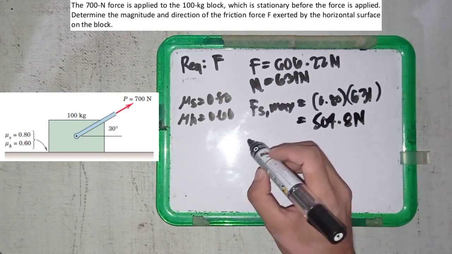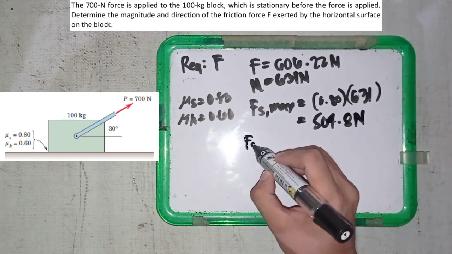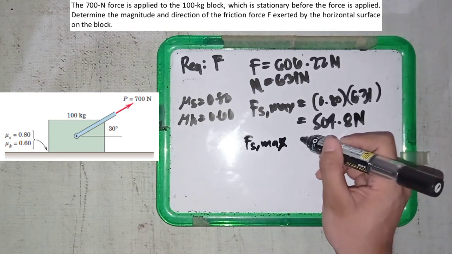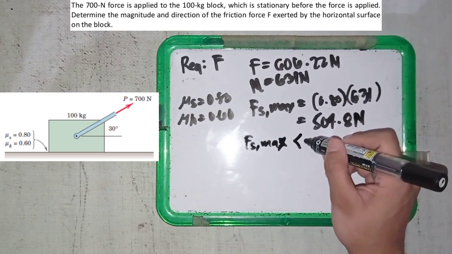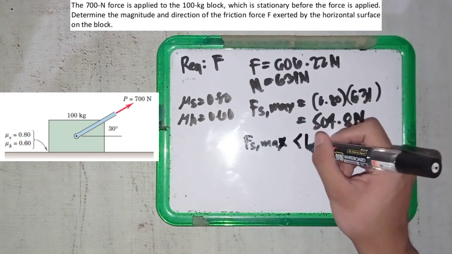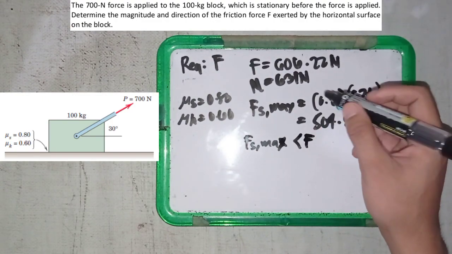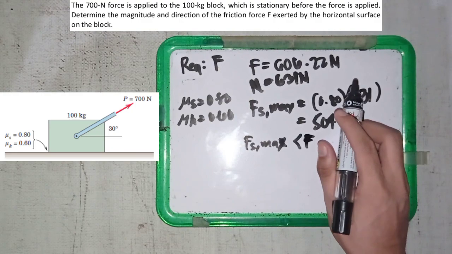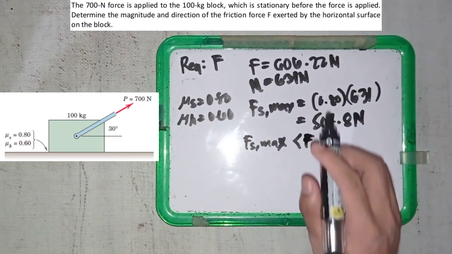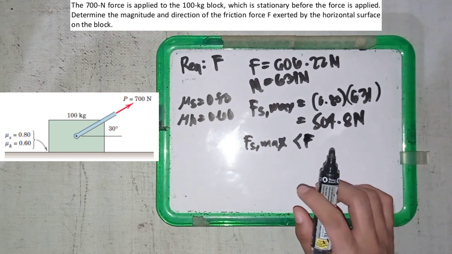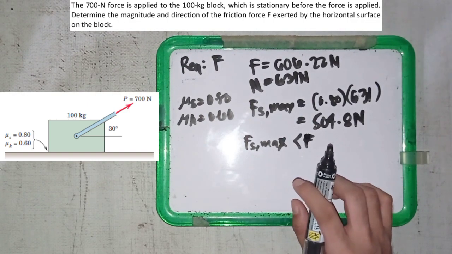As you can see, the Fs max is lesser than the friction force from here, 606.22 newtons. So the body will move, with a constant kinetic friction.